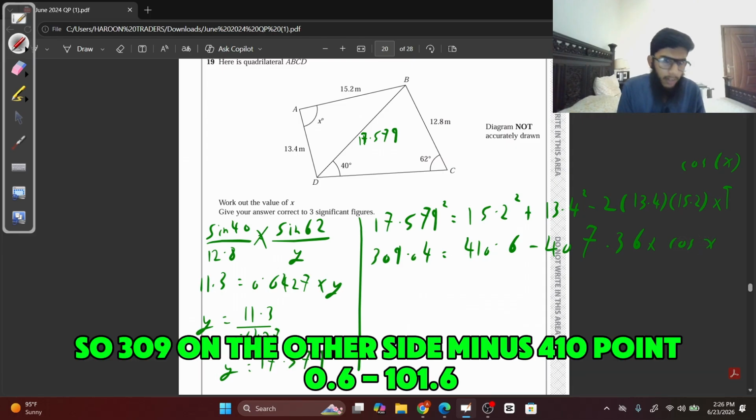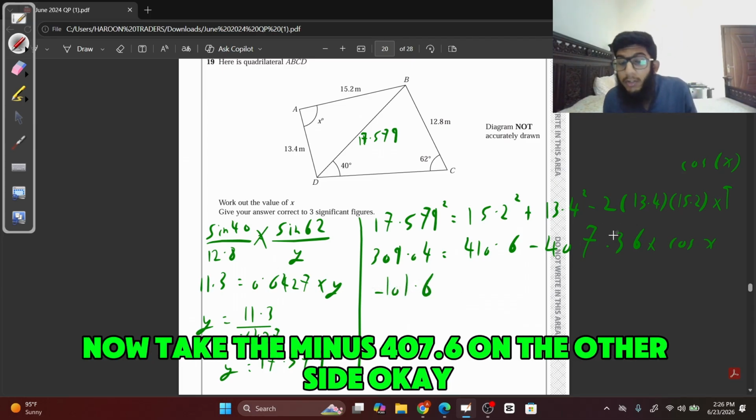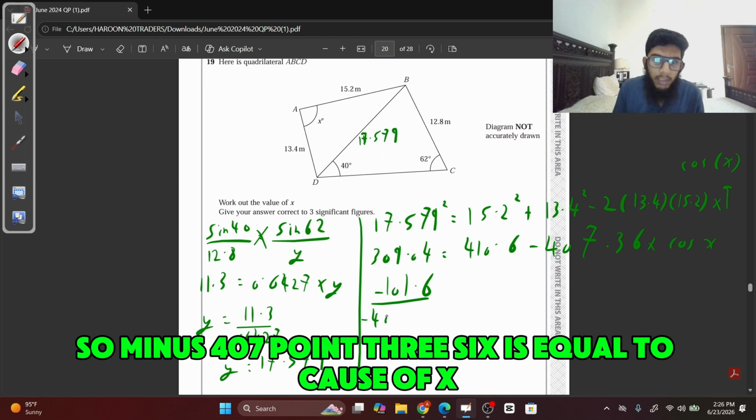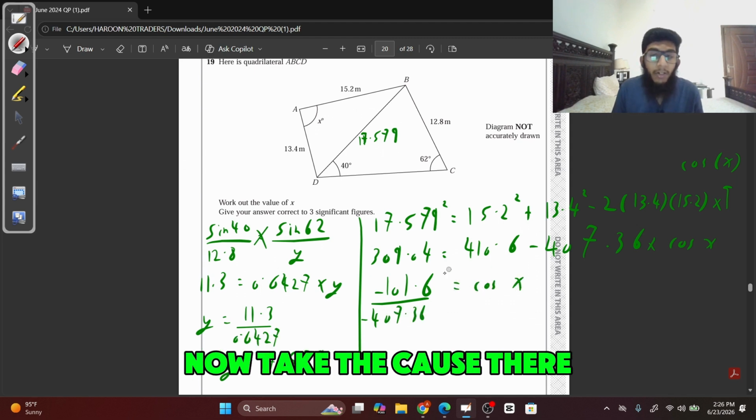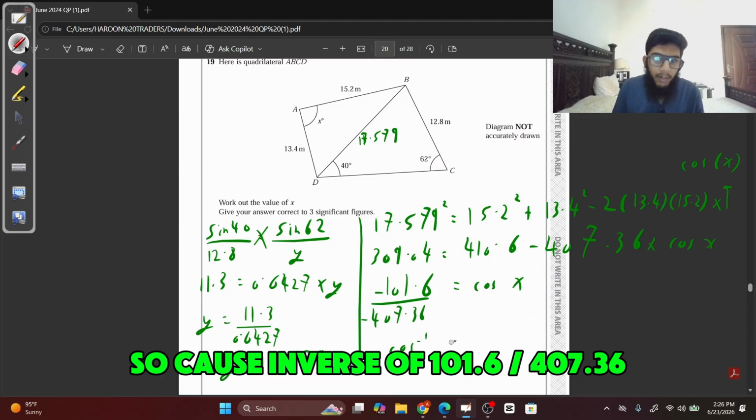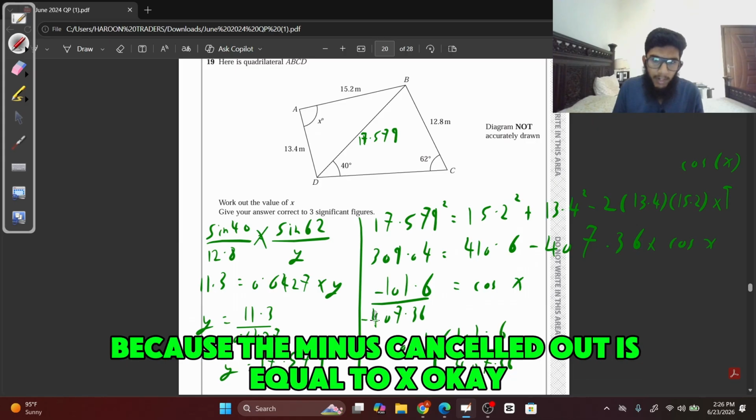So 309 on the other side minus 410.06, that's minus 101.6. Now take the minus 407.36 on the other side. So minus 101.6 over minus 407.36 is equal to cos of x. Now take the cos inverse. So cos inverse of 101.6 divided by 407.36, because the minus cancels out, is equal to x.